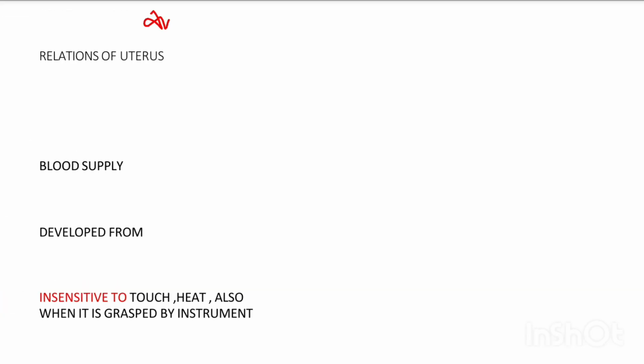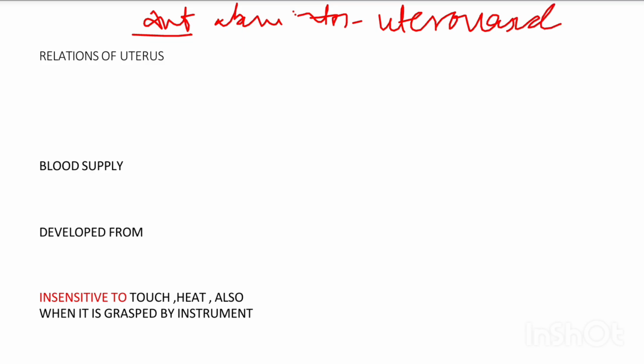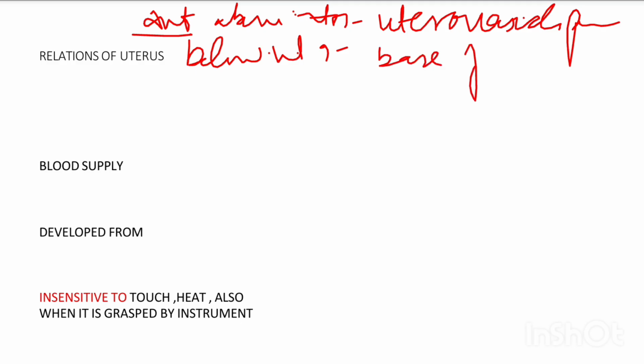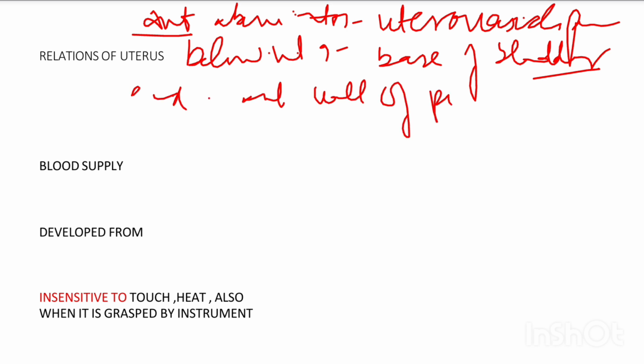Now what is the relation of the uterus? Anteriorly, above the internal os there is the uterovesical pouch. Below the internal os, the base of the bladder. Posteriorly, the anterior wall of the pouch of Douglas.